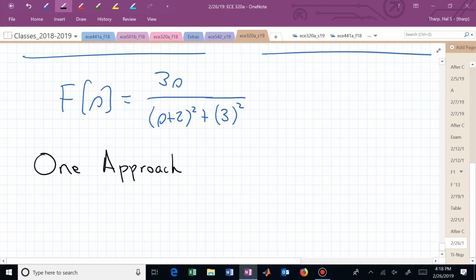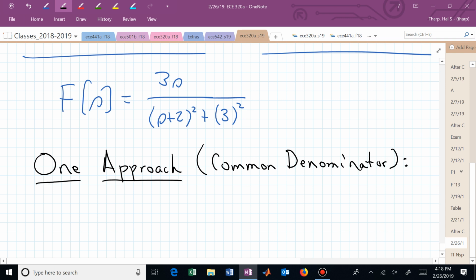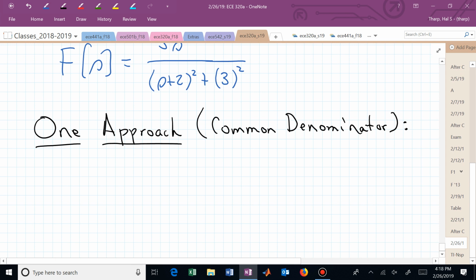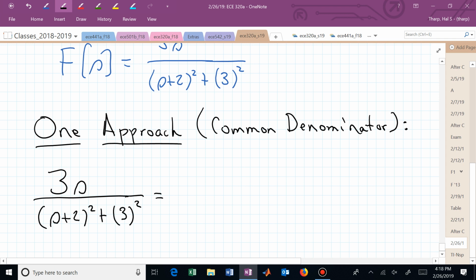One approach for finding this, and I'll call this the common denominator approach, is to do the following. Suppose we now say that we have 3s over s plus 2 squared plus 3 squared.